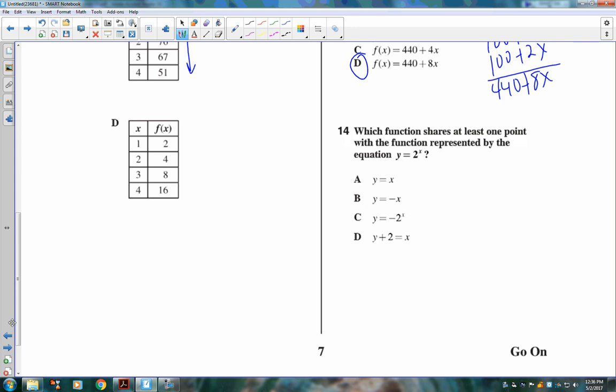14. Which function shares at least one point with the function represented by the equation y equals 2 to the x power? Okay, y equals 2 to the x power goes through, if I put in a 0 there, I'm going to get out a 1. So 0, 1 is part of the graph. And it looks something like this. So I want to know which one of these would cross that.